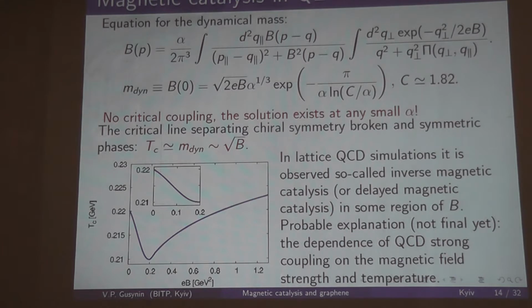This phenomenon was also studied in QCD, in quantum chromodynamics calculations on the lattice. At large magnetic field, the lattice calculations observe this magnetic catalysis, so the critical temperature behaves as the square root of B. But there is also some region where it behaves in the opposite way.